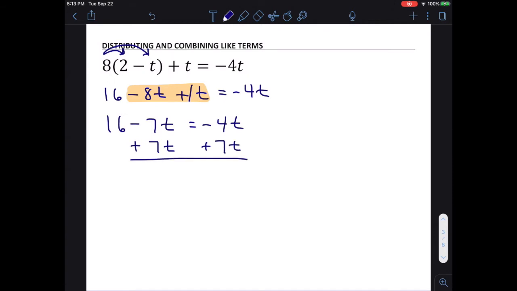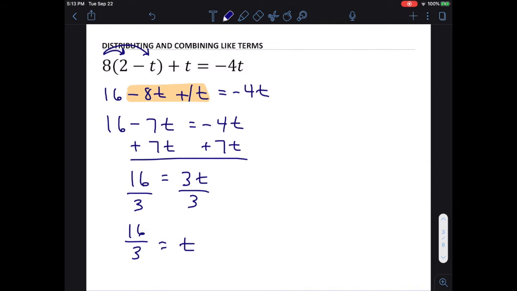And when I do, I get 16 equals 3t. Uh-oh, we're going to get a fraction. Everybody's favorite. Here we go. So we have to divide by 3. So we end up with 16 thirds is equal to t.